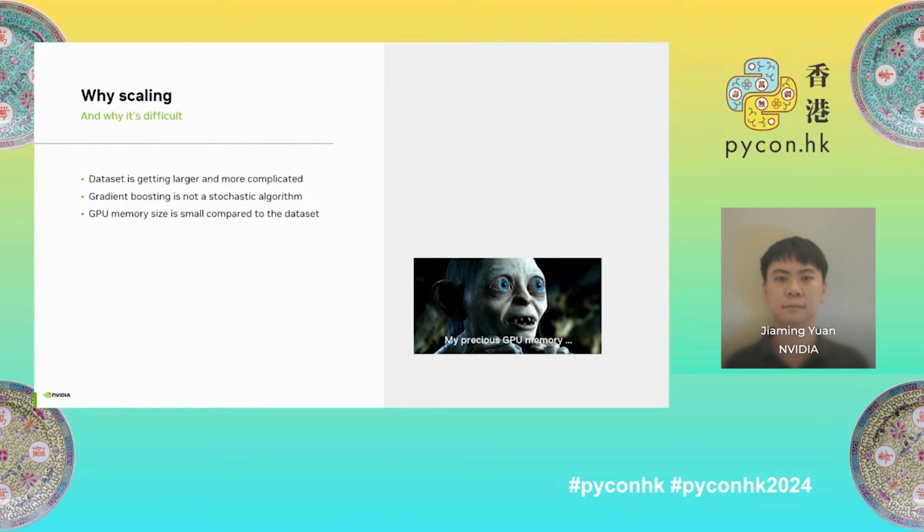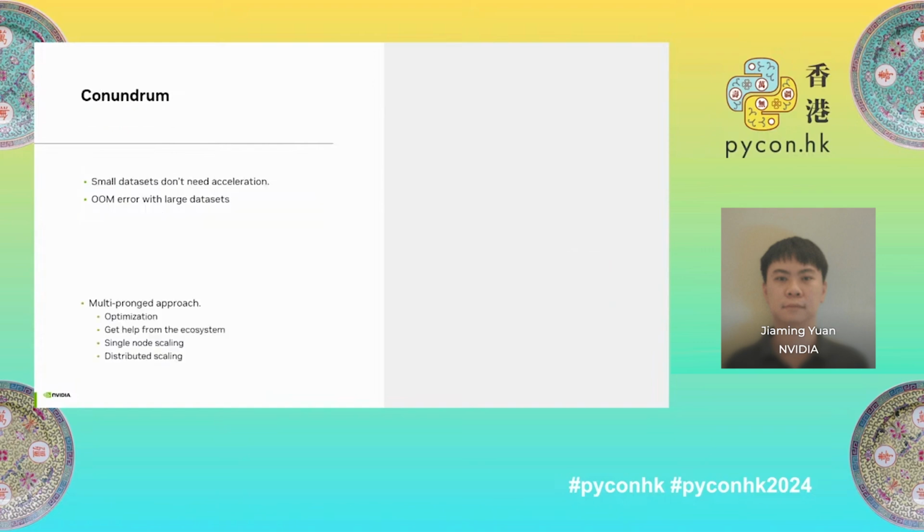That includes gradient boosting for building decision trees. So we run into this conundrum. We want you to use GPU, but for small datasets, you probably don't care about acceleration that much. And for large datasets, you are running into out-of-memory errors. So we can't sell our GPUs, and that is the problem.